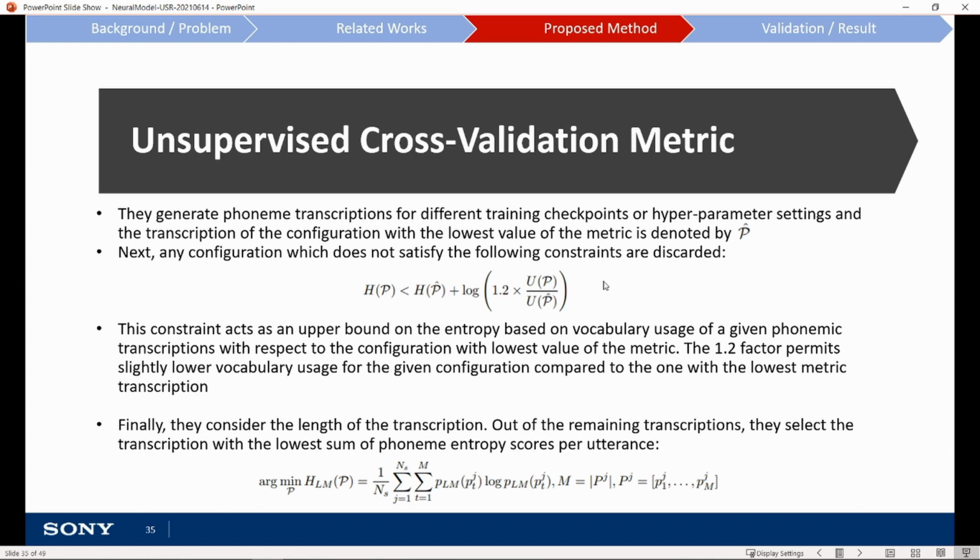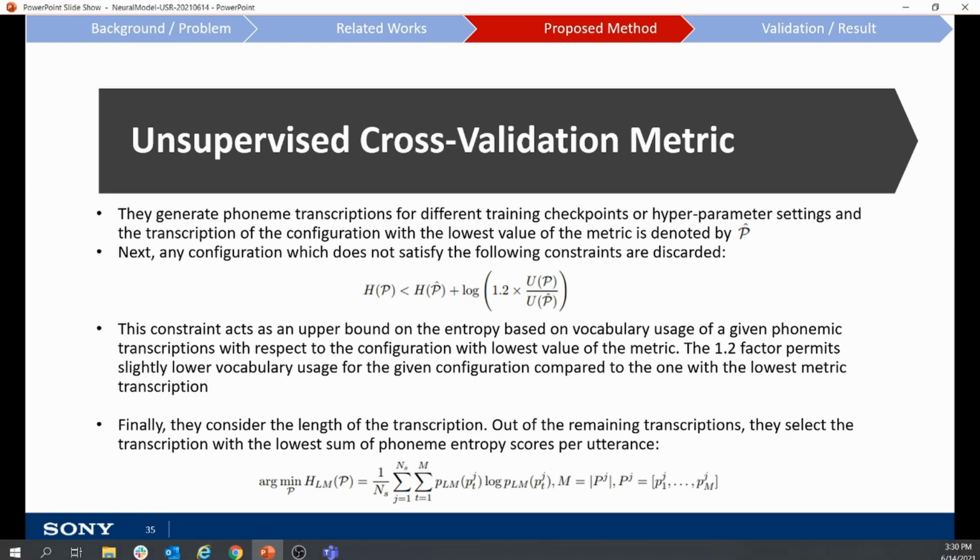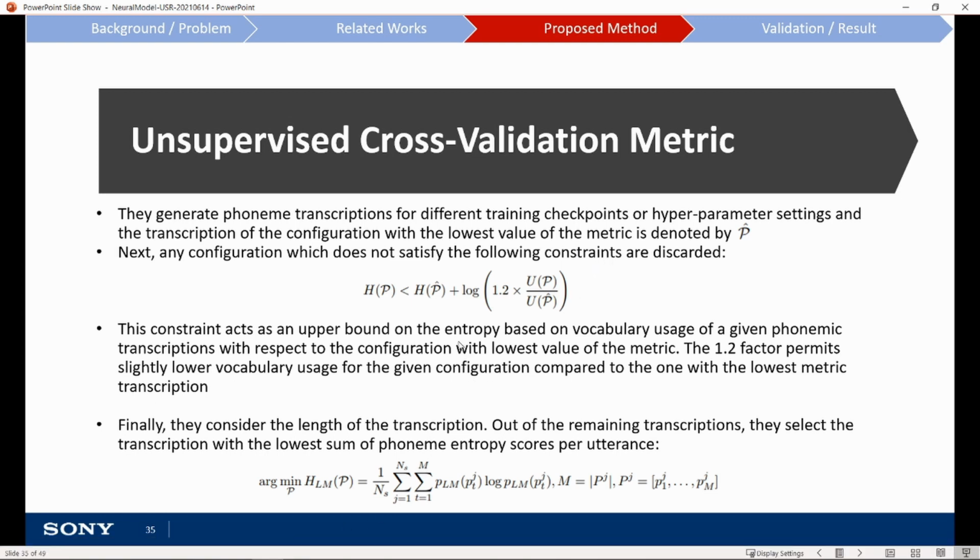Then they apply this constraint that any configuration which does not satisfy this constraint is eliminated. The idea here is if UP hat is much lower as compared to UP, then they allow the model configuration which produced the transcriptions with higher entropy as compared to p hat.